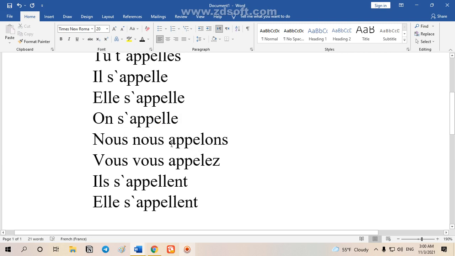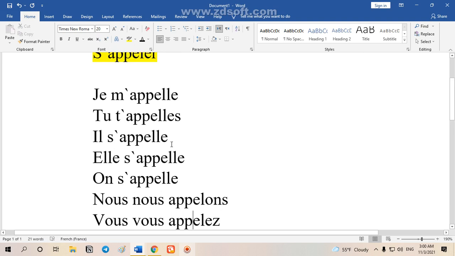But don't be inquisitive about what's happening here, what this M apostrophe and T apostrophe mean. Don't be confused at all, because in the future I will tell you everything and I will scrutinize these kinds of verbs in detail. But now, as a beginner, you must memorize this conjugation.